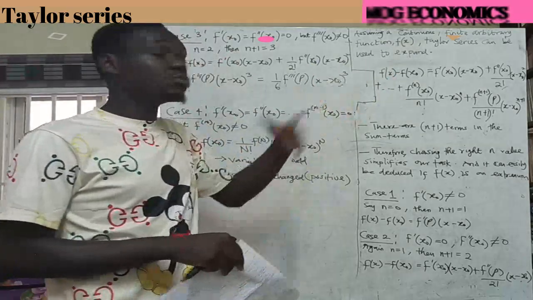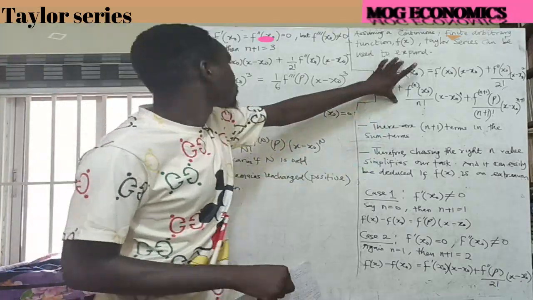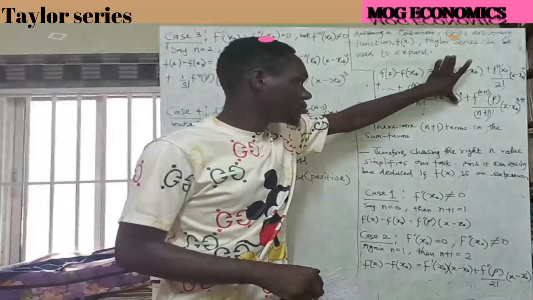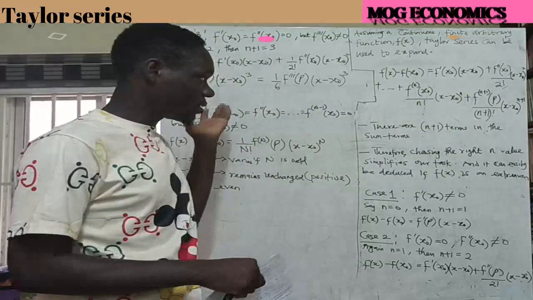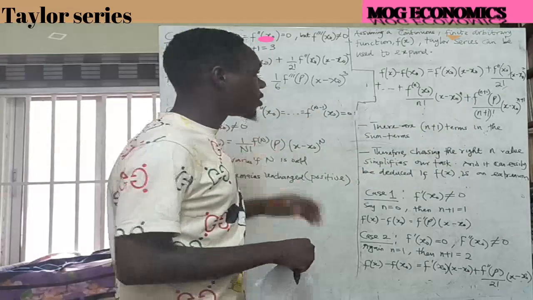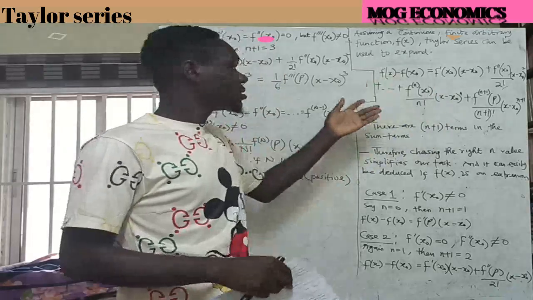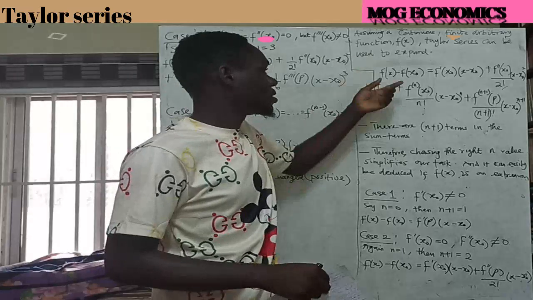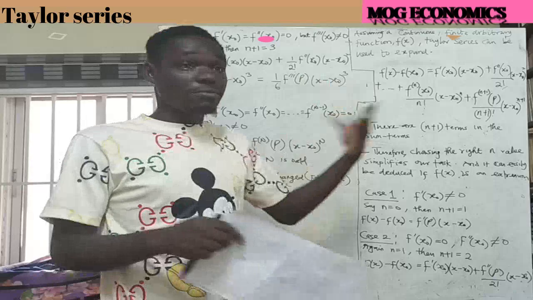Taylor series can be used to expand it. This is still the Taylor series formula with remainder, the one we developed not long ago. Here we have just rewritten it in the Maclaurin form.